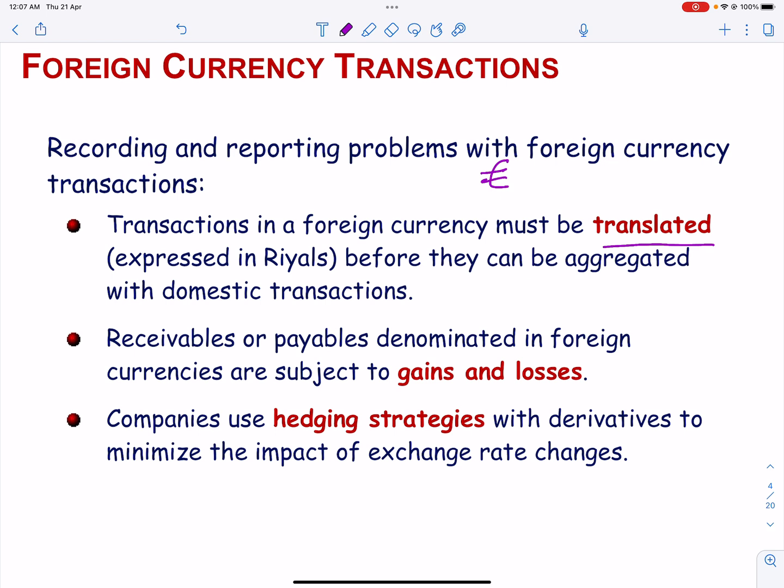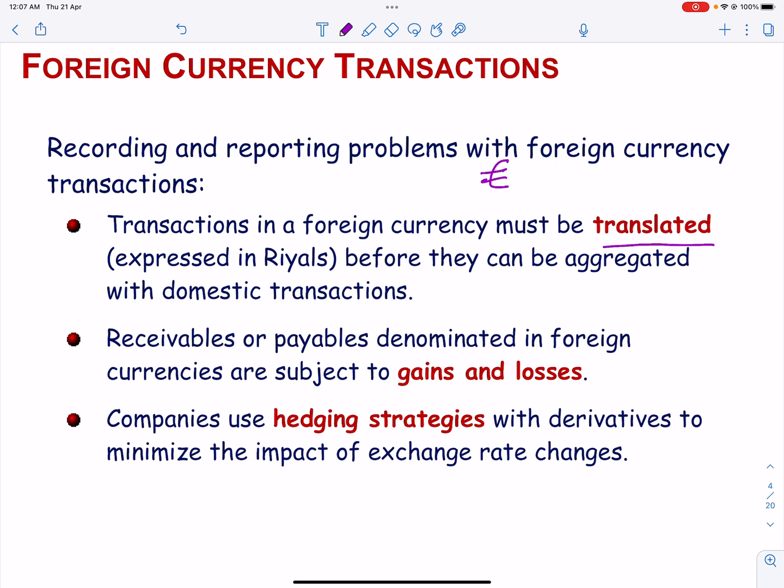But the Saudi firm will report these foreign currency receivables or payables in Saudi riyal. The interesting fact is there will be variation in the exchange rates, because of which the Saudi firm may have a gain or a loss. This video explains how the company may gain or lose because of variation in exchange rates.